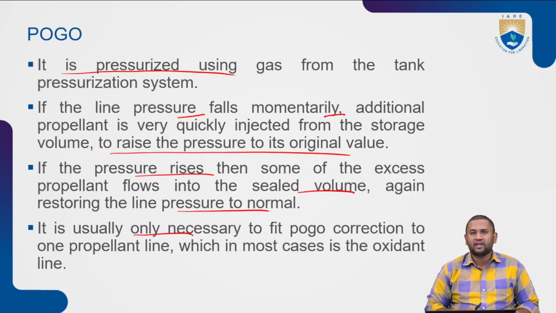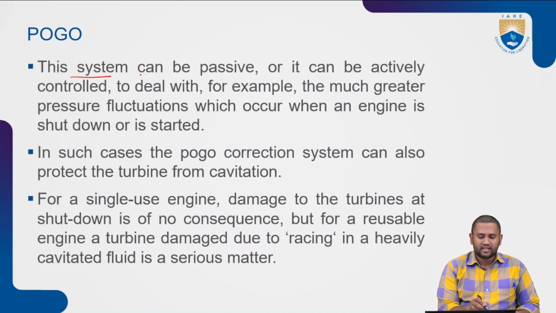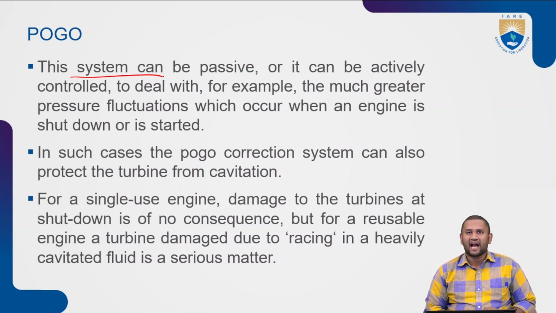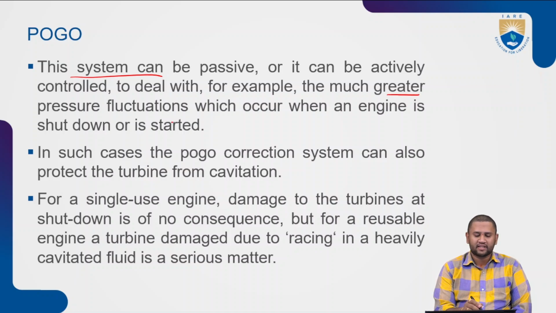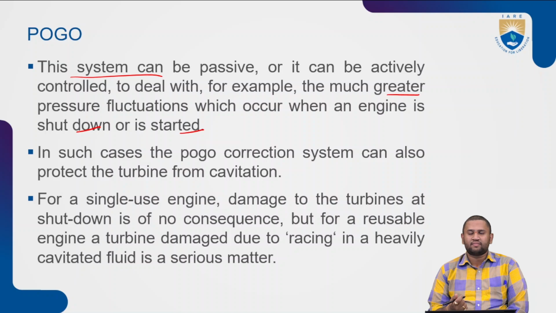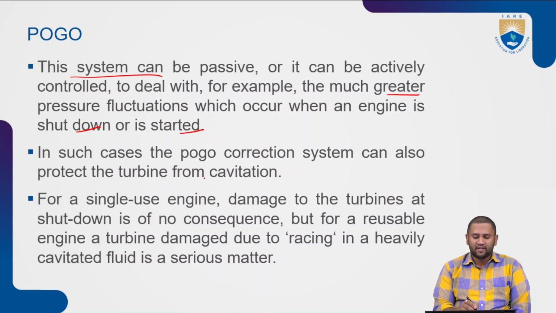It is usually only necessary to fit pogo correction to one propellant line, which is in most cases the oxidant line. The system can be passive or it can be actively controlled to deal with, for example, the greater pressure fluctuations which occur when the engine is being shut down or started. In such cases, the pogo correction system can also protect the turbine from cavitation.